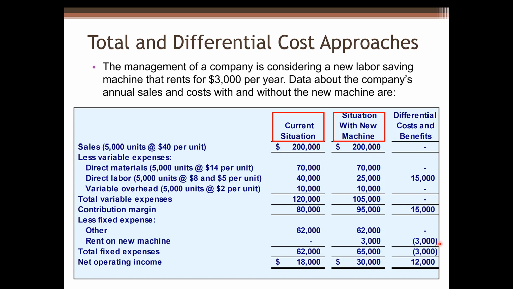However, fixed expenses increase by $3,000. This is the differential cost. Total net operating income with the new machine will increase by $12,000. So the manager will make the decision to rent the new labor-saving machine because net operating income will increase.